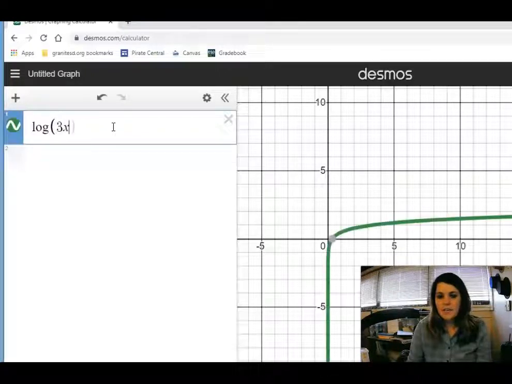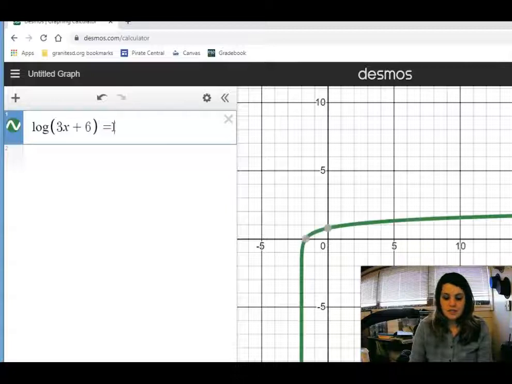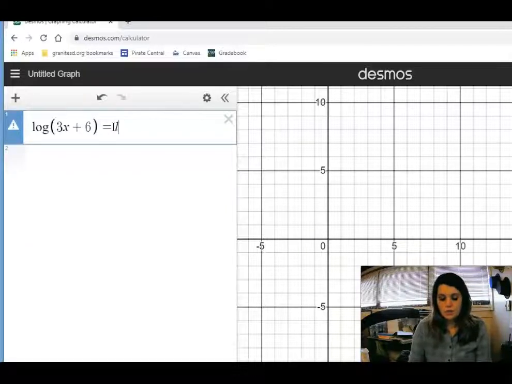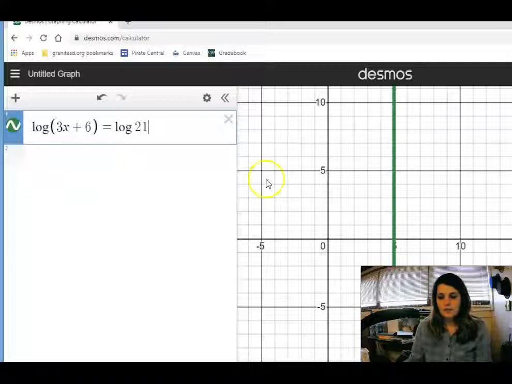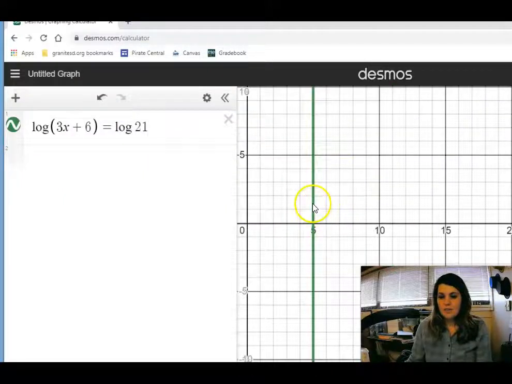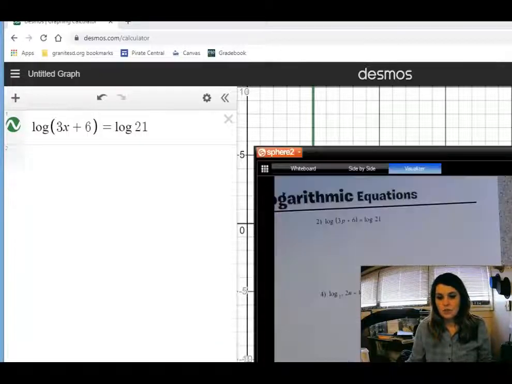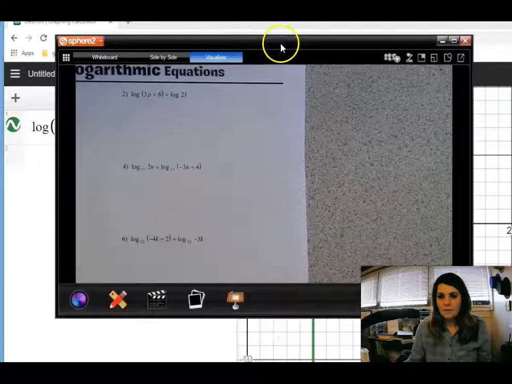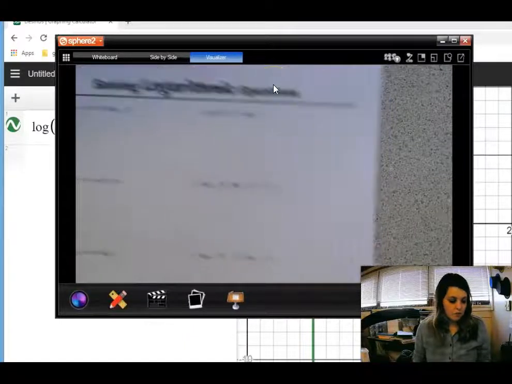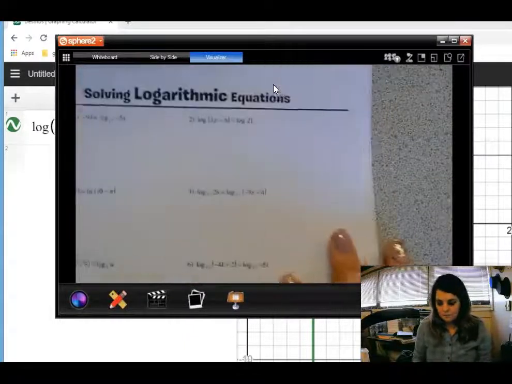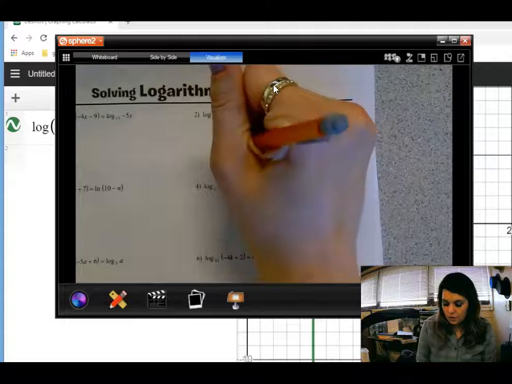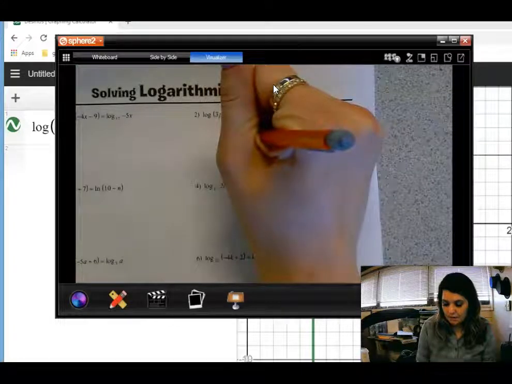Now it says P, but remember, we always put in X. Even if it's like Y, we still just put in X. So log 3x plus 6, end parenthesis, equals log 21. And now this time I'm getting a really nice answer. This is telling me that the solution to number 2 on the back side of our note sheet is 5. So number 2 is x is 5.